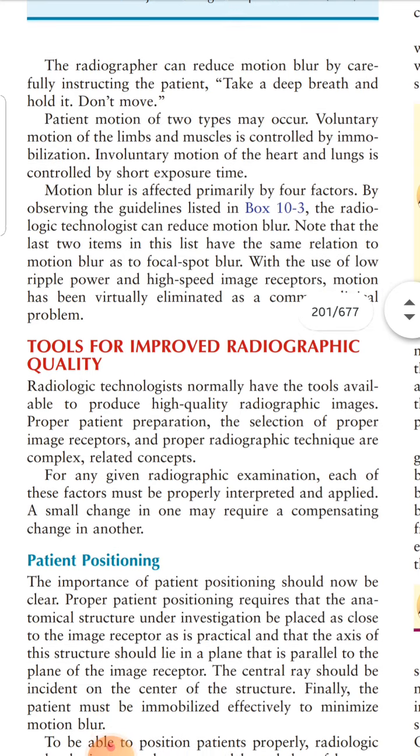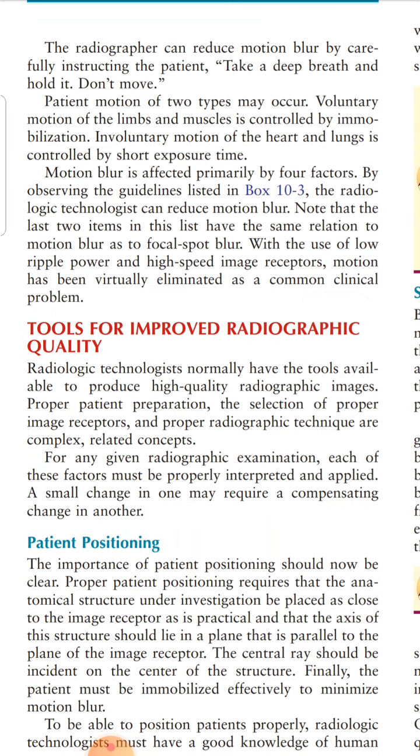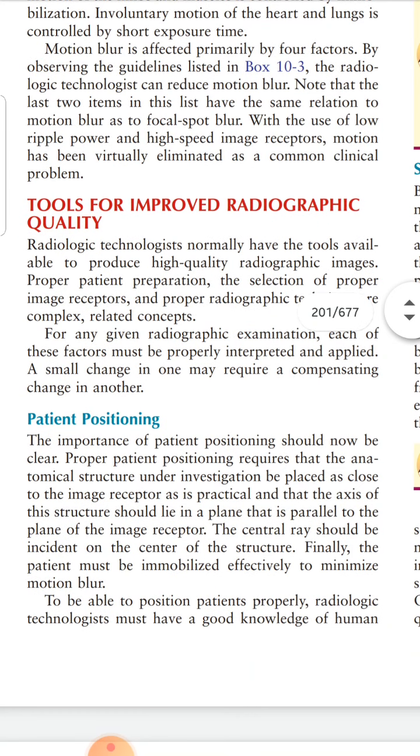Next, you have the tools to produce radiographs with improved quality, and it's your responsibility to keep them at the optimum levels. The first factor that you can control is patient positioning, which is very important.